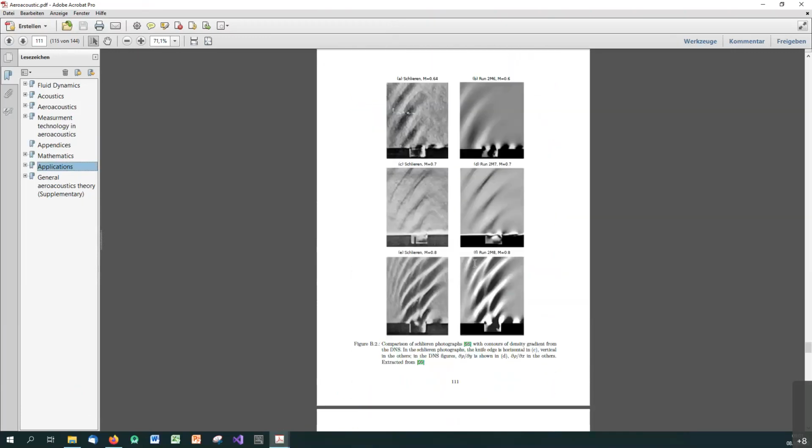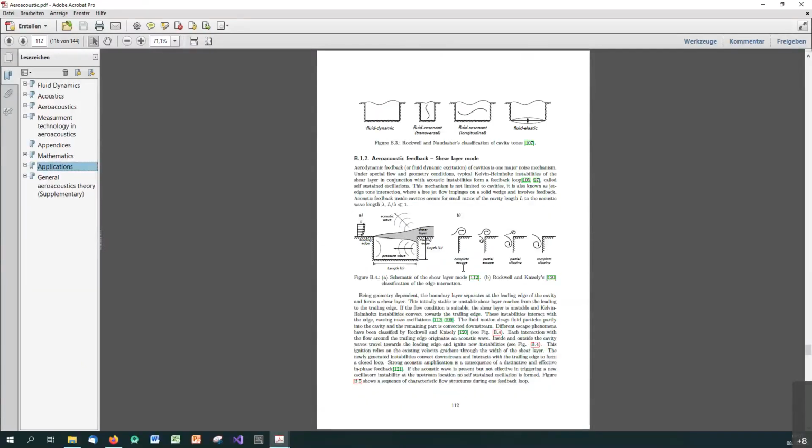There are things like this shear layer mode, which is a very specific mode where the shear layer gets unstable over the cavity and forms vortices.